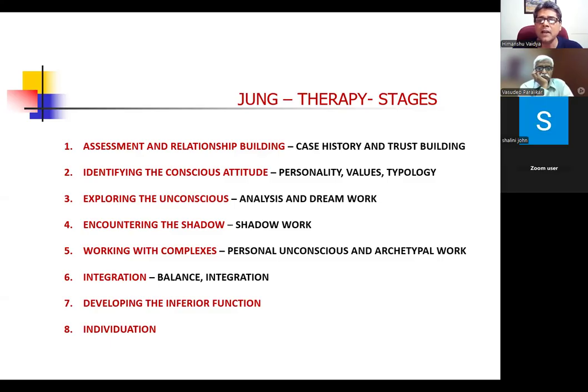What is his personality like? What are his values? What typology does he belong to? So the second is identifying the conscious attitude and the conscious life of the person.